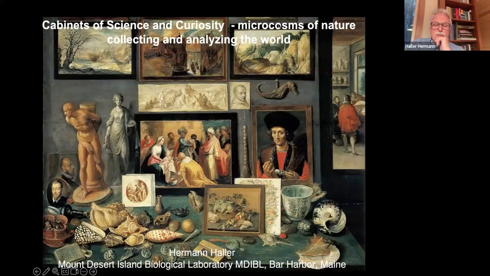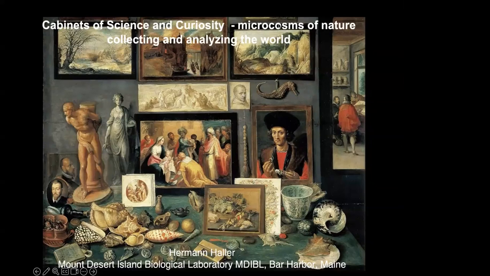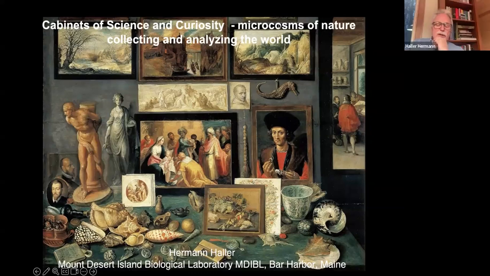And here you see a typical example. Since the paintings were sold expensively, you can see a representation of what a collection looked like. And this collection, as I said, seems to us more like what a child would collect. But what they did is they wanted to generate a microcosm of the world.